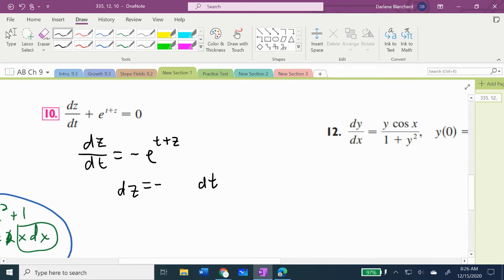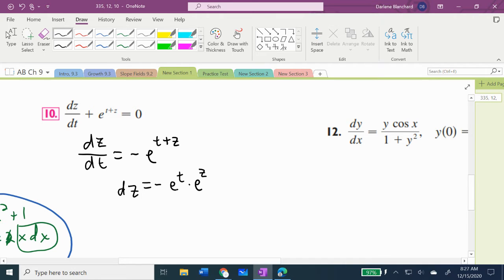And I have to remember that there is an exponent rule. I've got my negative from up here, and I can separate the t and the z if I multiply by the same base of an exponential.